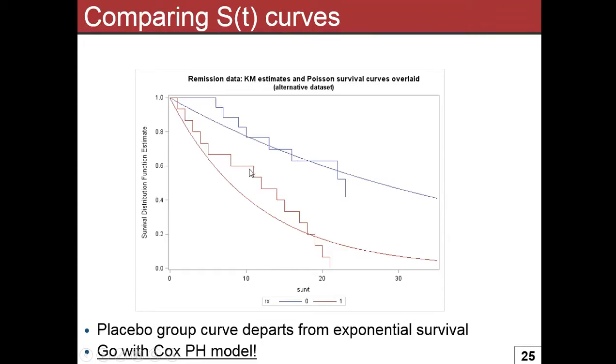These people are surviving at 0.6, but the model says 0.4. So there's this gap between reality, which is the Kaplan-Meier curve, and what Poisson says. Poisson is giving you a more pessimistic view now because we manipulated the data. So here's a situation where the plot says curved log survival, so not linear, not good.